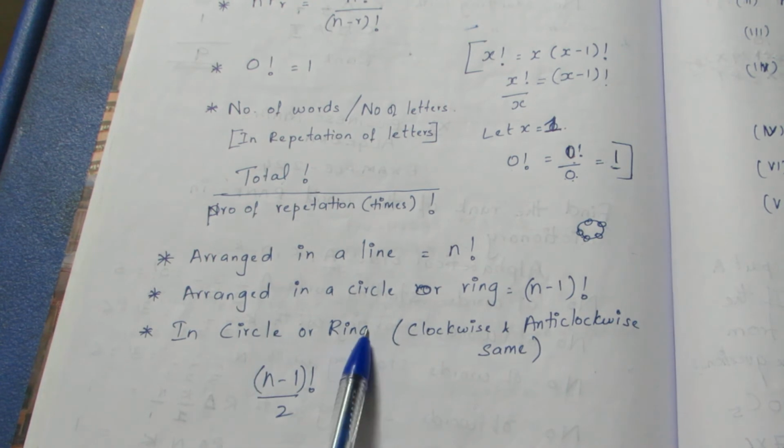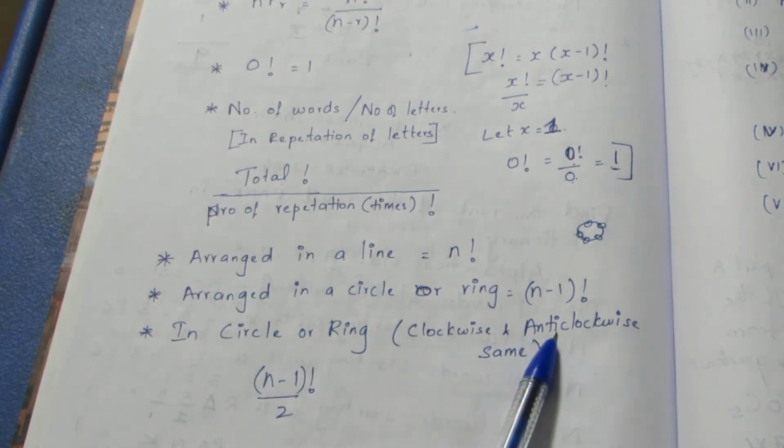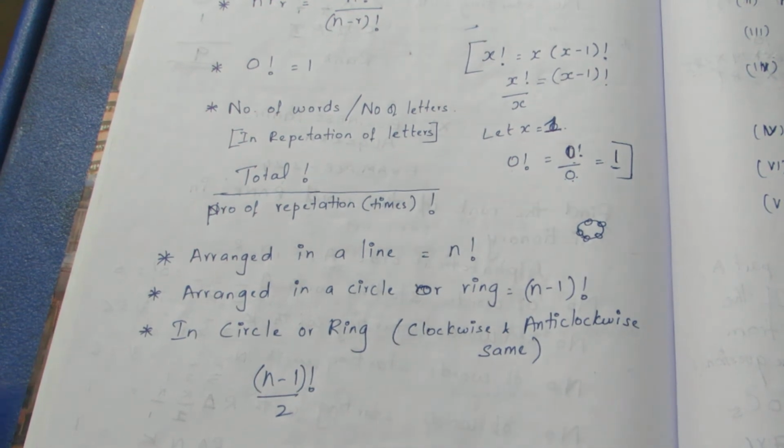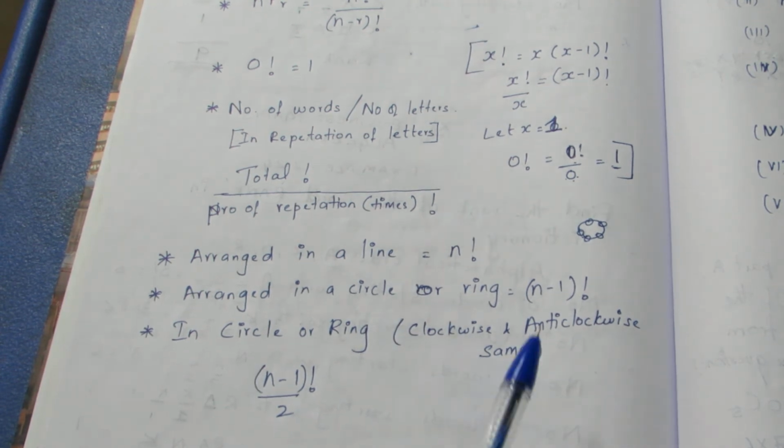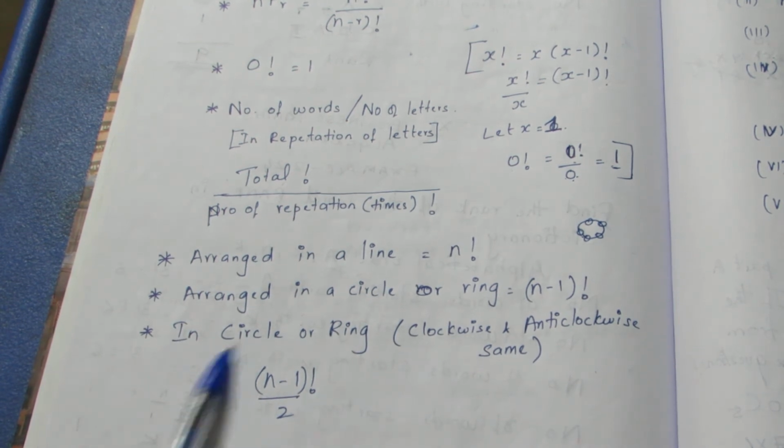Now in a circle or a ring, if the anti-clockwise and clockwise arrangements are the same, for example if I am doing some bead work with the same red color, same size beads joined together, it is the same type. If I see from the anti-clockwise or from the clockwise, everything will be the same. There is no difference between the beads. So if it is the same, then your formula will be n minus 1 factorial by 2.